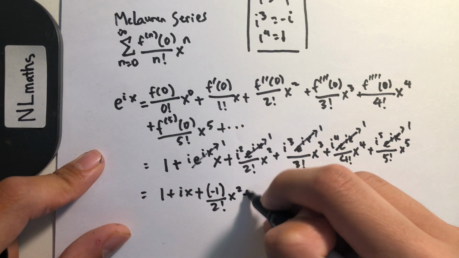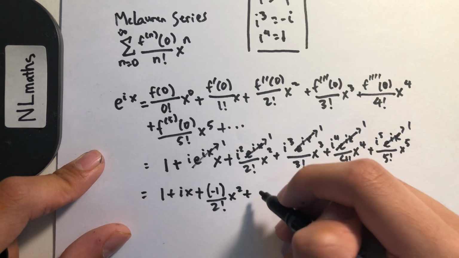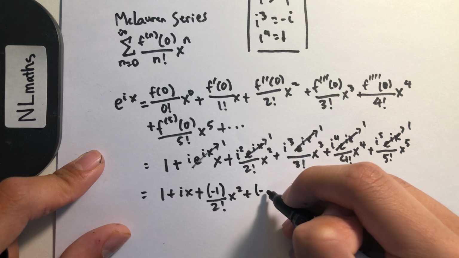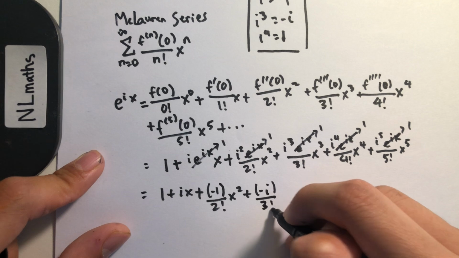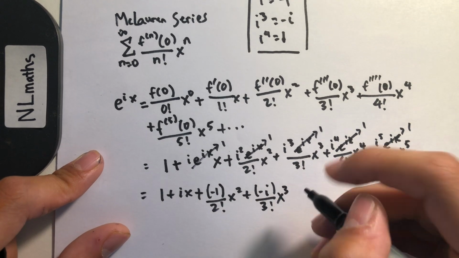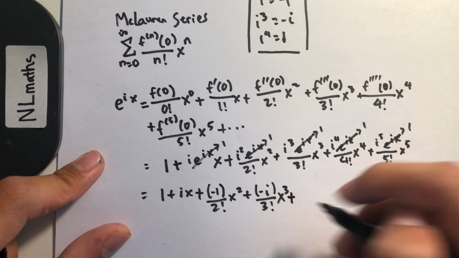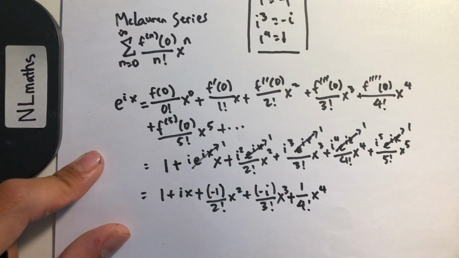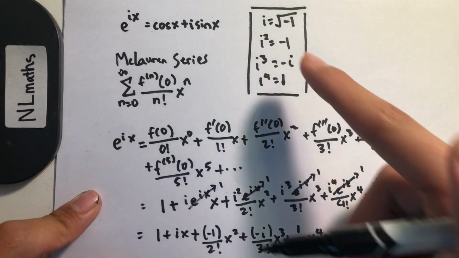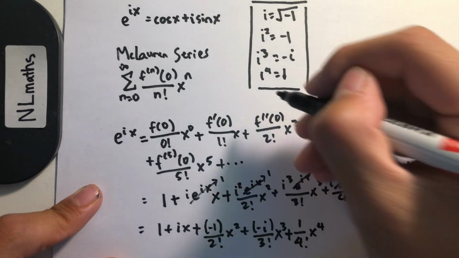And i cubed is, of course, negative i. So negative i over 3 factorial x cubed plus i to the 4 is 1 over 4 factorial x to the 4. And i to the 5 is, of course, i again, because it's a loop that goes on.